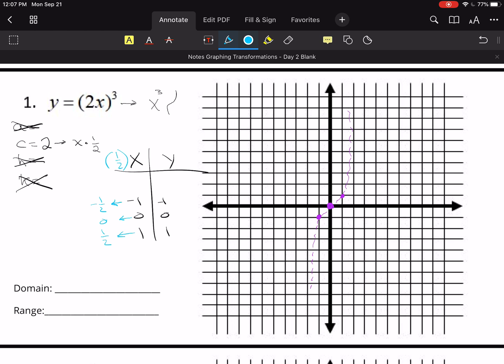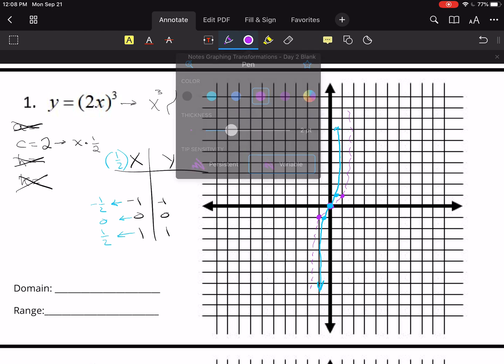So plotting my new points, I still have (0, 0). But this time I'm going to have (1/2, 1) and (-1/2, -1). So my new graph is being compressed horizontally.